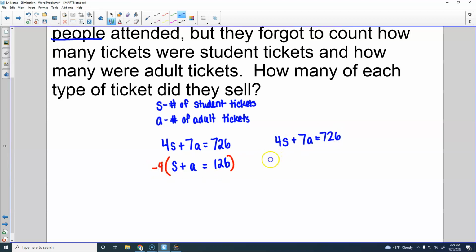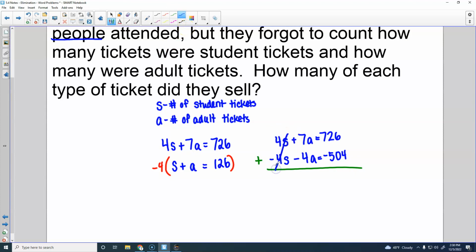The bottom equation is going to be -4S minus 4A equals, and we're going to use a calculator on this one. 126 times -4 is going to be -504. Everybody okay here? Okay. Same as what we've been doing. You're just more likely to get some decimals and things that don't come out quite as nice sometimes with these.